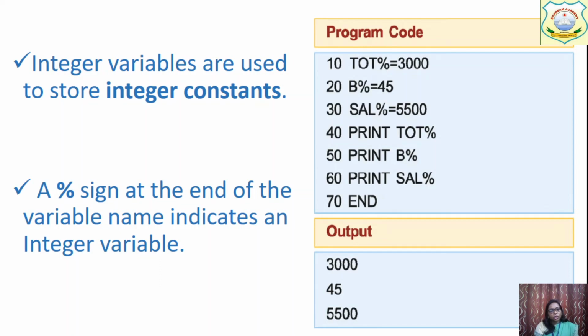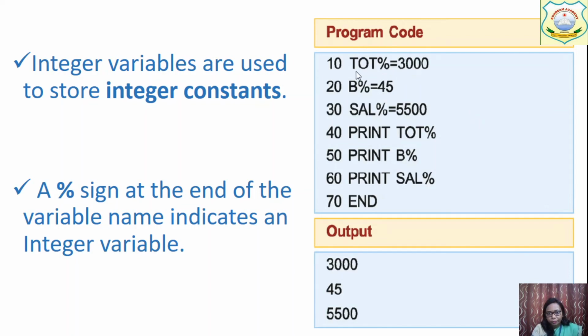String variables store string constants, integer variables store integer constants. Now how did we recognize string variables? By putting the dollar sign. And how will we recognize integer variables? By putting the percentage sign.